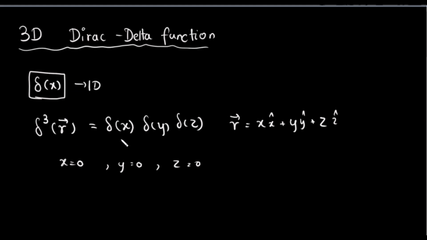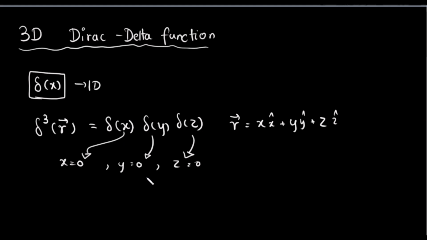So now we are going to extend this delta function into three dimensions. That means x, y, and z should all equal 0 in order to have a value for the delta function.